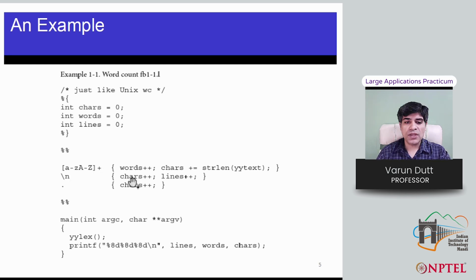Then \n means that if we are going to the next line, we count it as a character and also count it as a line. And dot means that for anything else, we will also count it as characters. So this is counting words, lines and characters in my input.